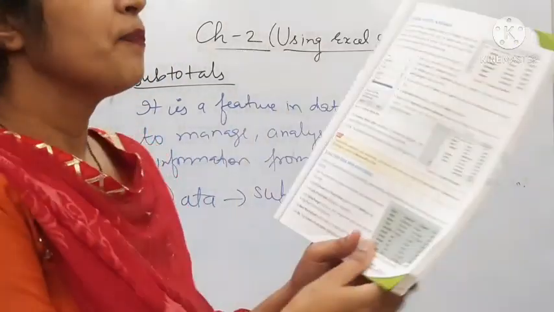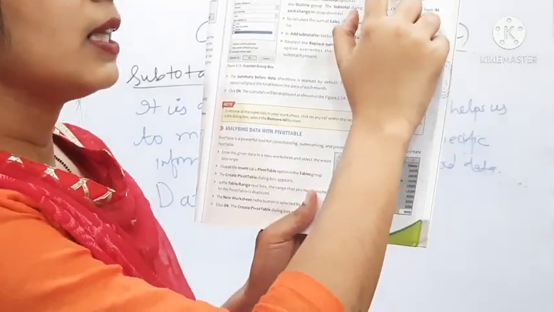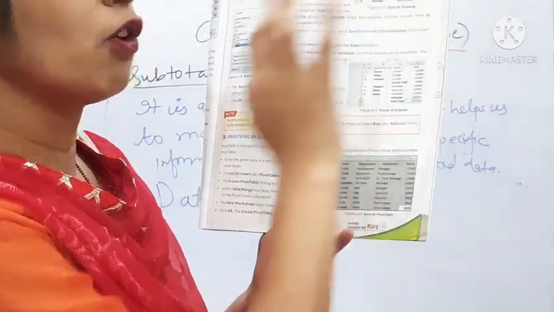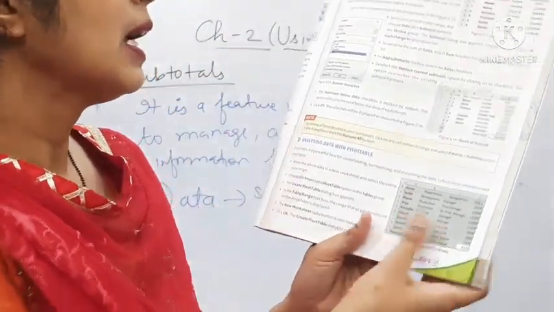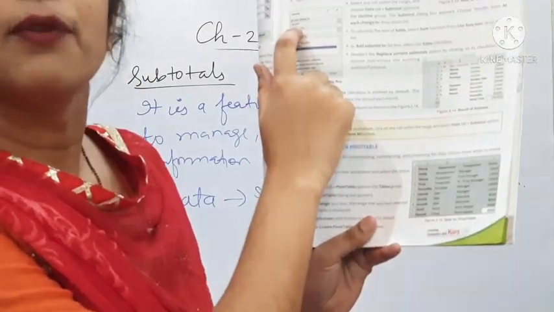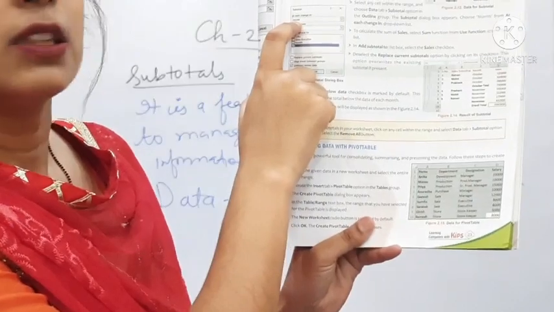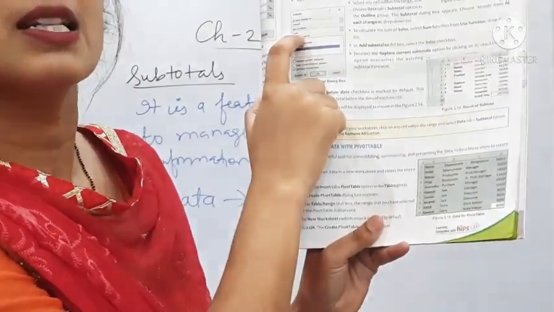Here you are seeing this is the database there. Okay, here we are seeing the sales executive, how many sales they have taken out in October month and November month. So when we apply the subtotal, what happened there? Here at each change in, we have to select how we have to do the subtotal. Month means month wise. Second is use function. What we are doing? We are doing the sum.